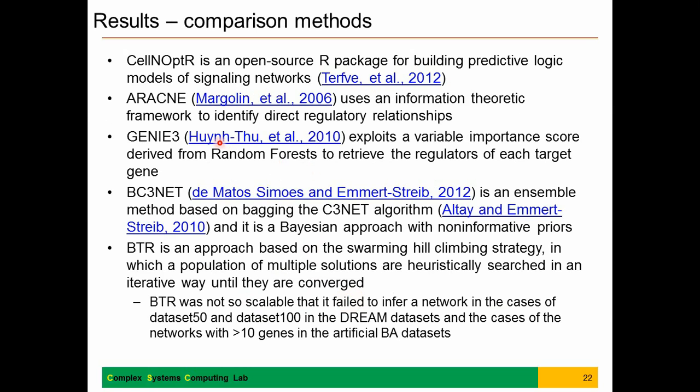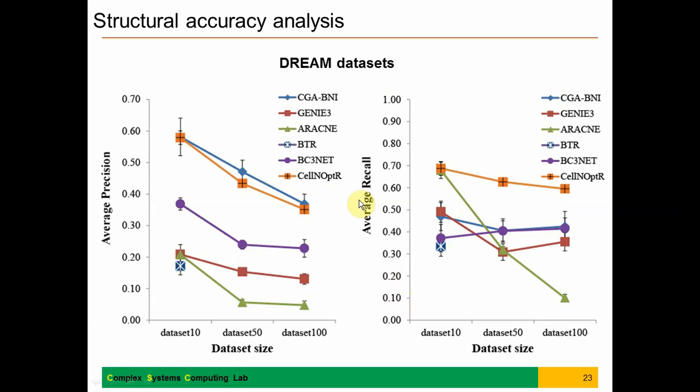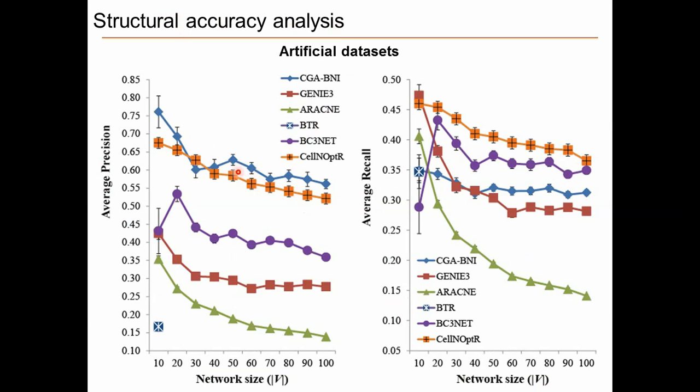Comparison methods, we use 5 methods, including RNA synergy machine and BTR, but BTR failed to infer large networks. For example, in the gene dataset, it failed on dataset 50 and dataset 100, and in the case of the artificial dataset, it failed with networks with more than 10 genes. And next is the structure accuracy analysis result. Here for the precision, our method CIBNI and CNet of R show the highest value of precision in the gene dataset and also in the artificial dataset.